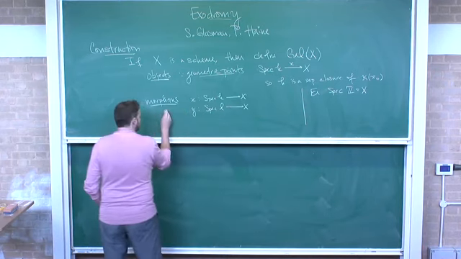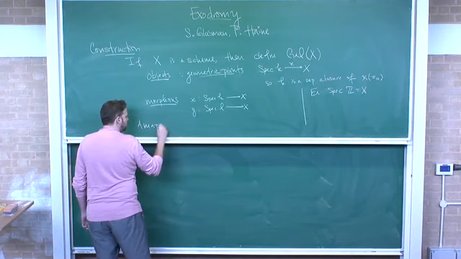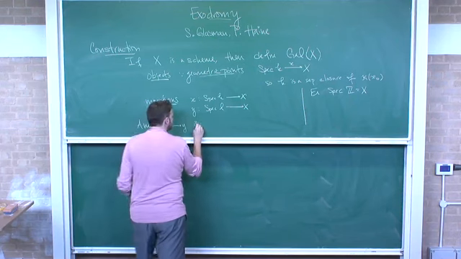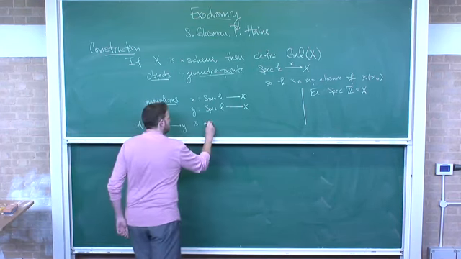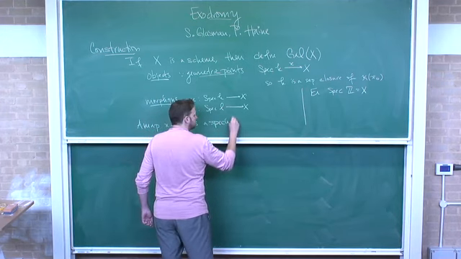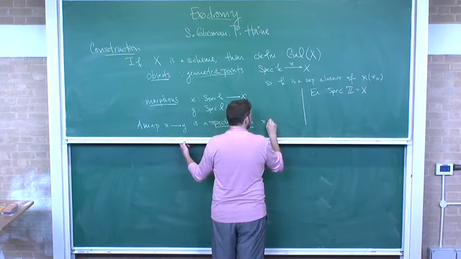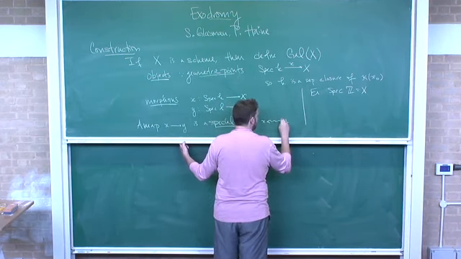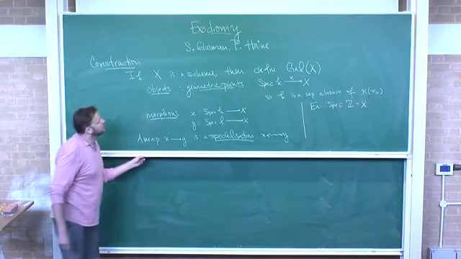I'll say it this way: a map from x to y is a specialization. The notation I like to use is the squiggly arrow, like that. And I'll tell you what specialization means right now.